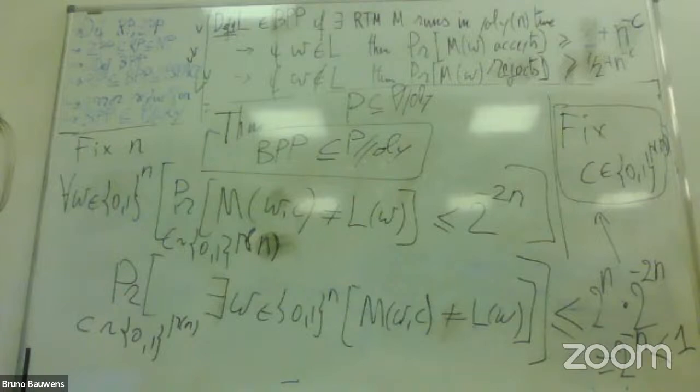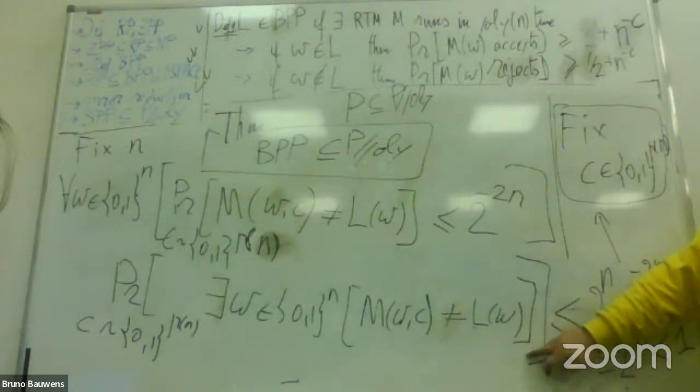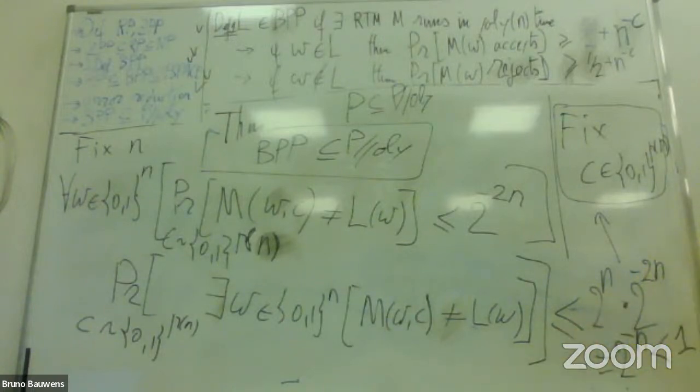If this probability was equal to 1, then we lose, we cannot go with our proof. Yeah, I got this.